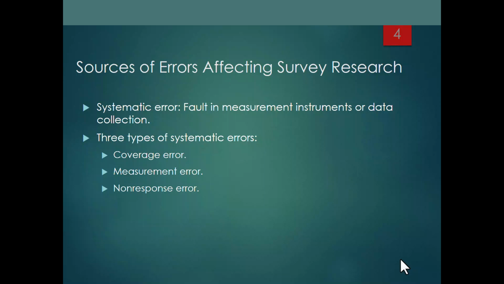Measurement error is associated with the observation itself. So using unclear phrasing of items, unfamiliar words or phrases, irrelevant terms in a survey, or it can also be caused by the interaction between the interviewer and respondents. So these are some of the contributing aspects of the measurement that can also lead to measurement error.